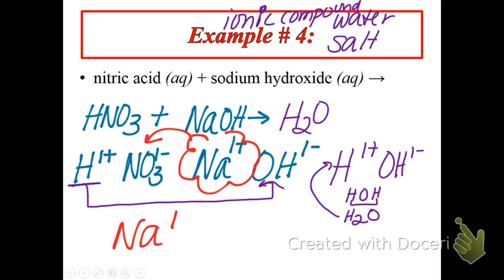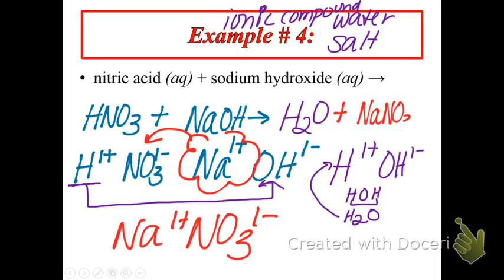So Na with a 1 plus is going to hook up with NO3 with a 1 minus. So I have NaNO3. So that sodium nitrate was formed by ions. So that is an example of an ionic compound. So NaNO3 is technically a salt.